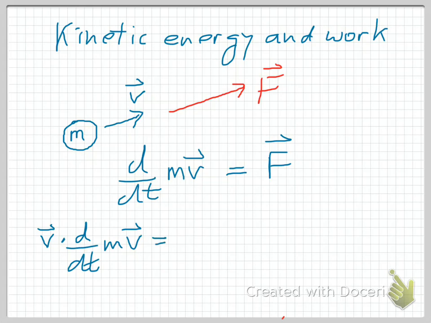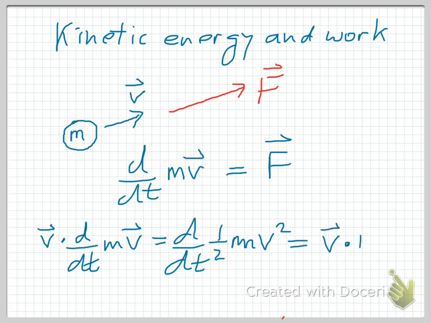But before we write that, notice we can take the v inside the derivative like this. We can write d by dt of 1/2 m times the square of the velocity vector, v squared, equals, and now the right hand side is just the dot product, v dot F. So the thing that we're differentiating here is the kinetic energy, and the right hand side, v dot F, is kind of an old-fashioned term.